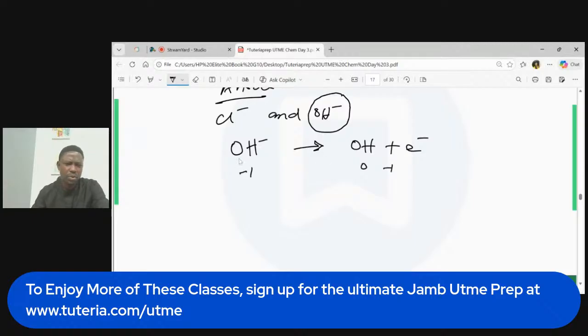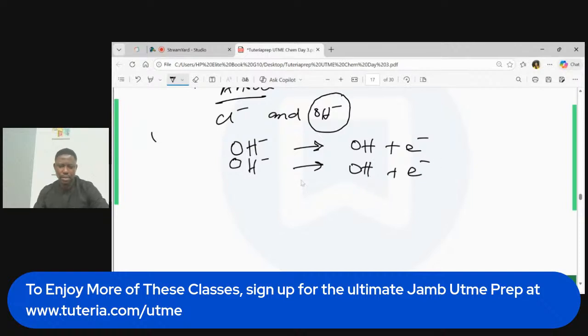But there are so many OH- in this system, so we write the same equation again: OH- again gives OH plus an electron.